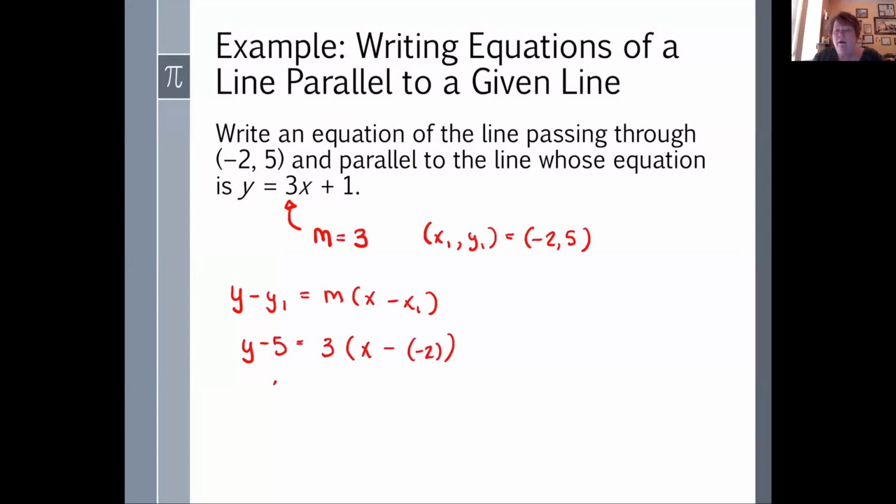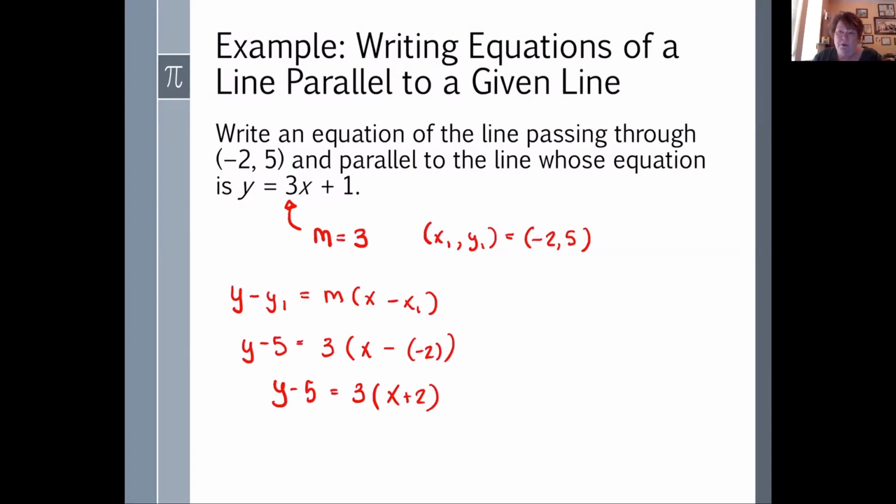All right, so now I'm going to simplify this by removing the parentheses. First, I'm going to write the x minus a minus 2 as x plus 2, because a minus gives me a plus.